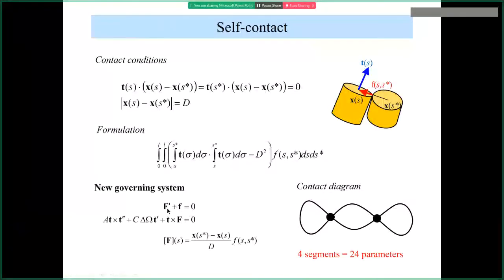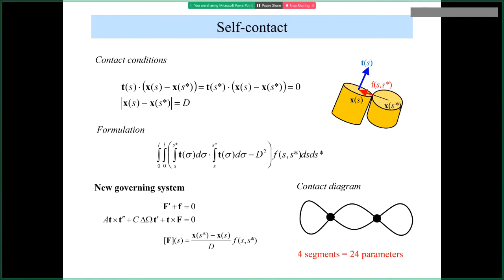So the force, for example, is no longer constant throughout the structure. It's only constant within a segment between points of contact, and then it takes a jump once you go through the contact, and then it's constant again between points of contact. And these jump conditions have to balance out for the two segments that we look at.